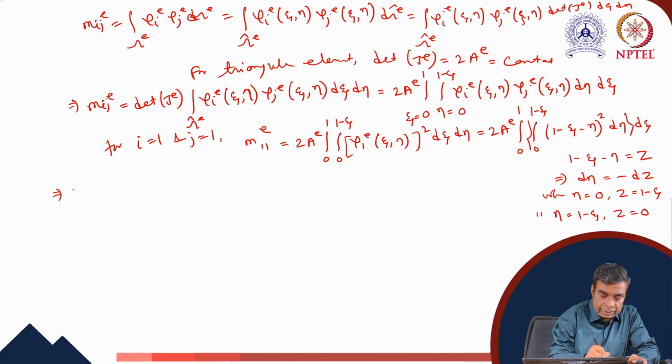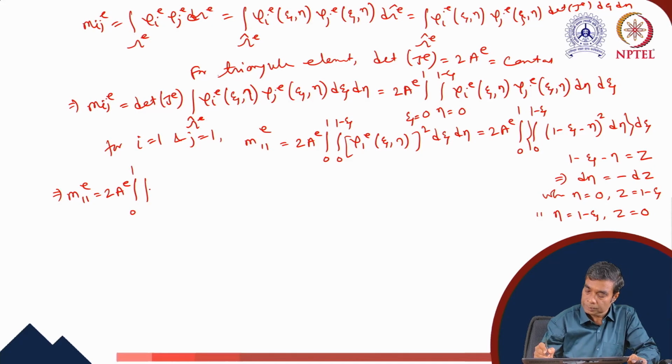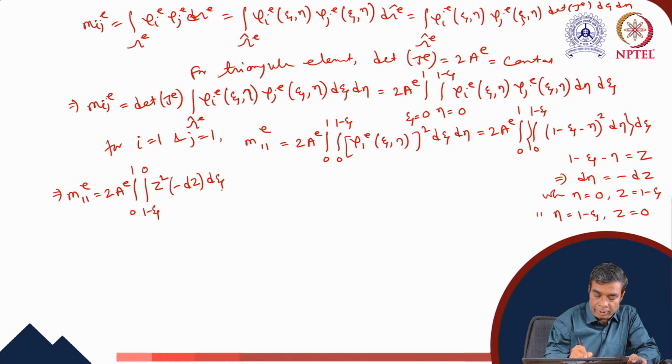So this gives us M11e equals 2Ae integration from 0 to 1, integration from, when you transform d eta to dz, our limit changes from 1 minus xi to 0. 1 minus xi minus eta was z, so this is z square. Now d eta has become minus dz, so it is minus dz d xi.